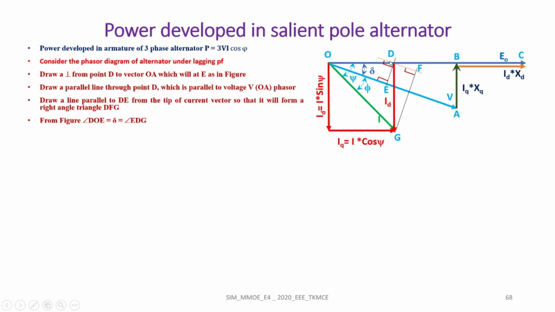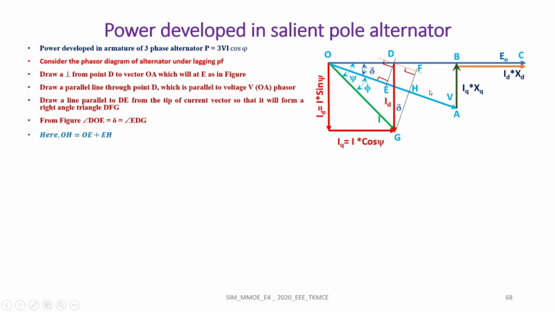If the angle ODE is 90 minus delta and the total angle is 90 degrees, this angle EDG is delta. If this angle is delta, since DE and GF are parallel, this angle DGF is delta. Let this meeting point be H.